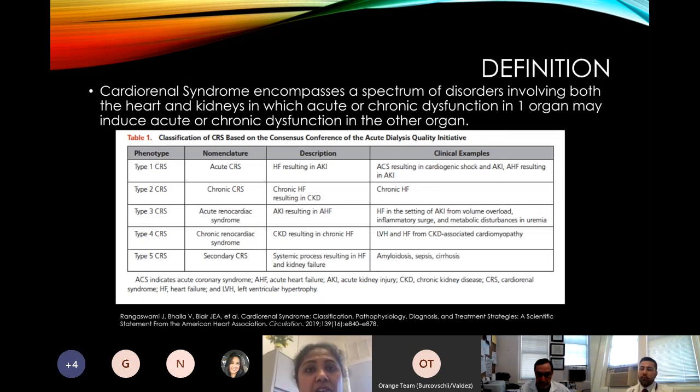If you already have a pre-existing condition, we cannot say completely that it is cardiorenal type 5, but of course the exacerbation is because of the sepsis. How we are treating these patients is basically to control the volume first, because most of them are in the ICU with ARDS.